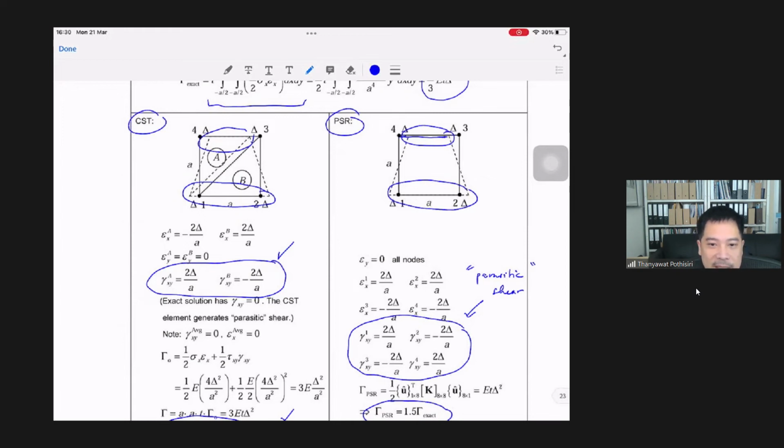So by using linear elements like this, or by imposing linear approximation function for your displacement, you can impose parasitic shear onto your structure, and therefore make your structure stiffer than it should be. And because the structure is stiffer, when you impose displacement loading, it shows higher strain energy than the exact solution.